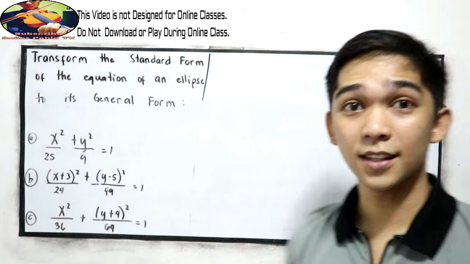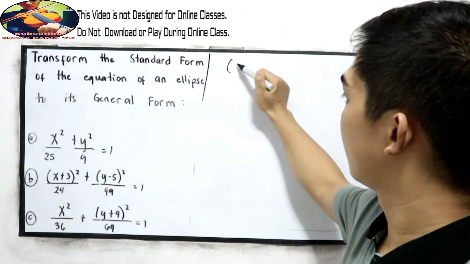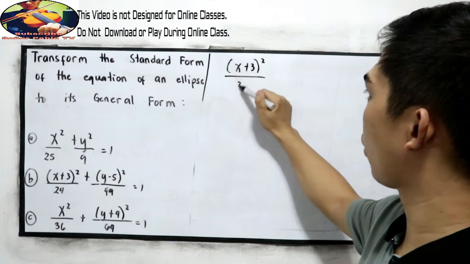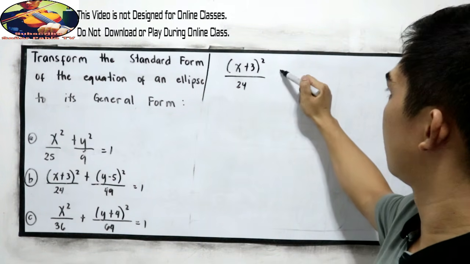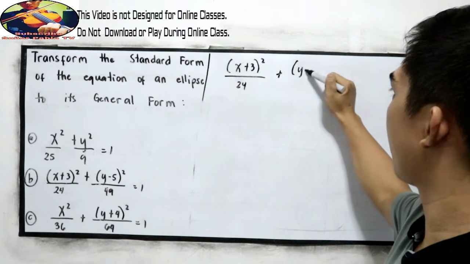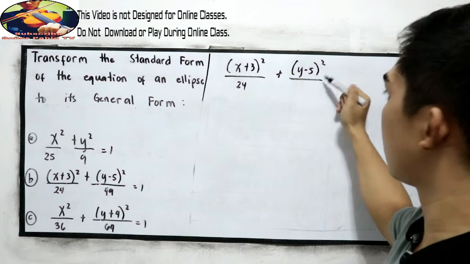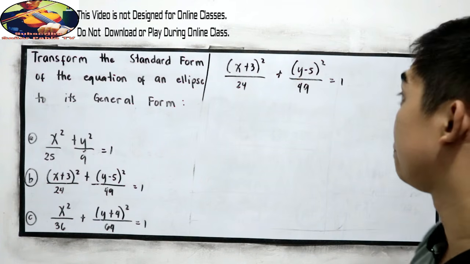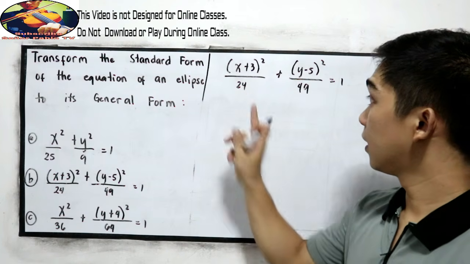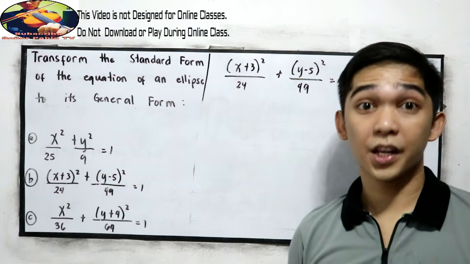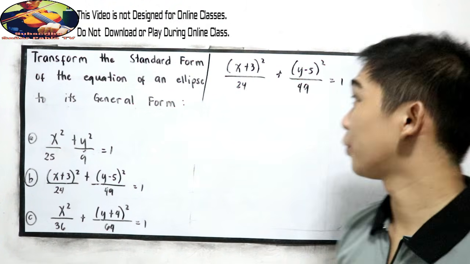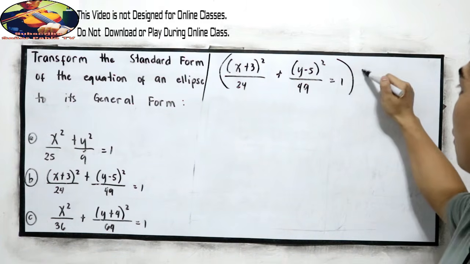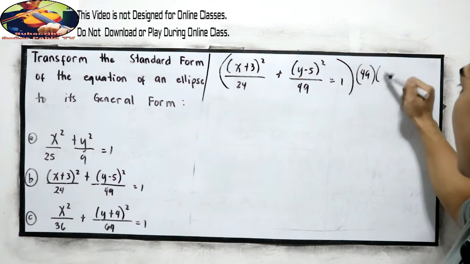So copy the given: x plus 3 raised to 2 over 24 plus y minus 5 raised to 2 all over 49 is equal to 1. Let us remove our denominator. So we need to multiply this by 49 and 24.